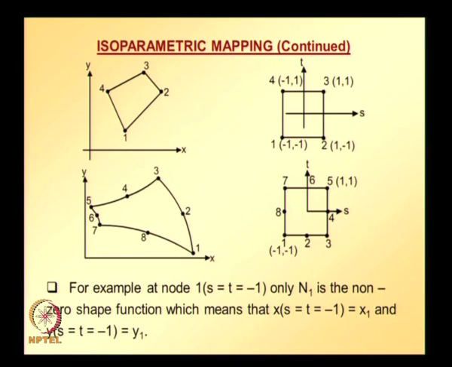At node 1 only N1 is non-zero, and its value is equal to 1, which means that x evaluated at s is equal to -1, t is equal to -1 is x1, and y evaluated at s is equal to -1, t is equal to -1 is y1. So, this illustrates that corners of the actual element are mapped onto corresponding corners of the parent element.